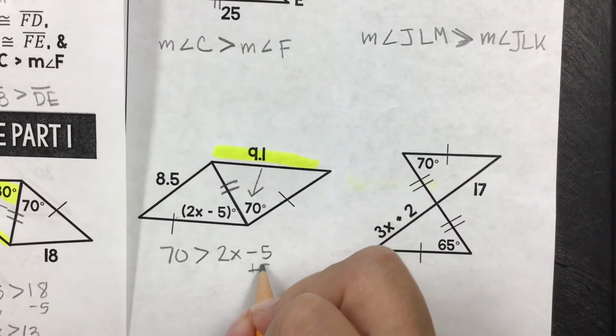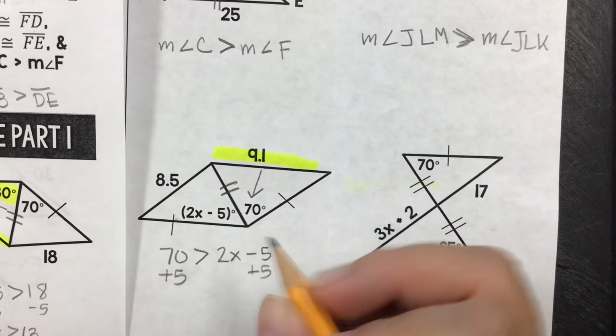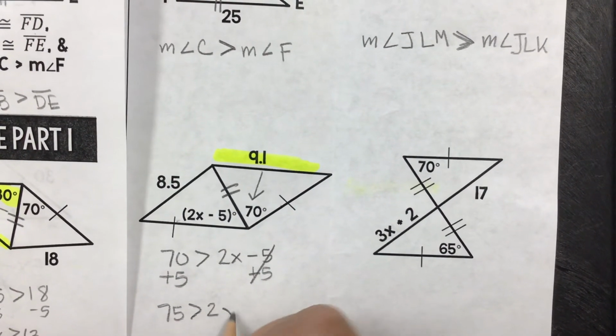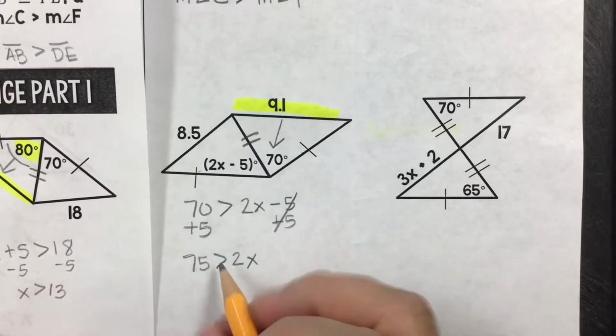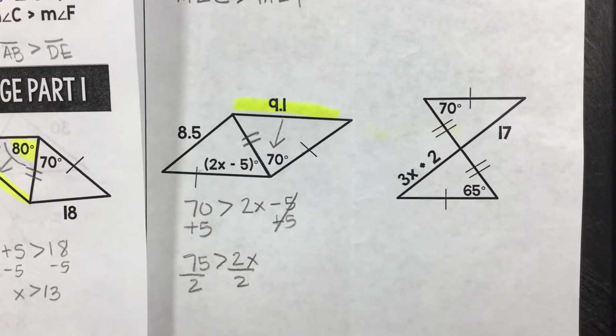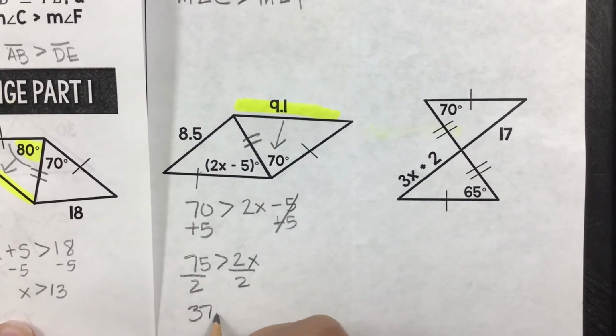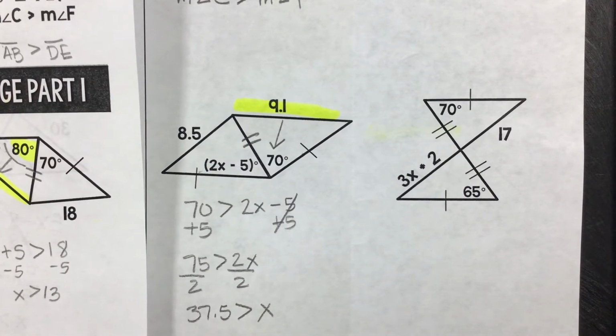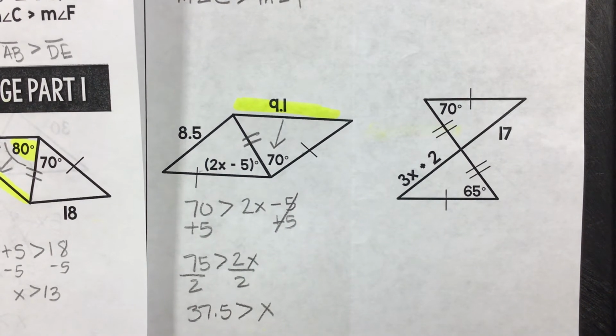We're going to add 5 to both sides. 75 is greater than 2x. And then we're going to divide by 2. 37.5 is greater than x. Like I mentioned before, we are supposed to find that lower limit because these angles cannot be 0, but this will be good enough.